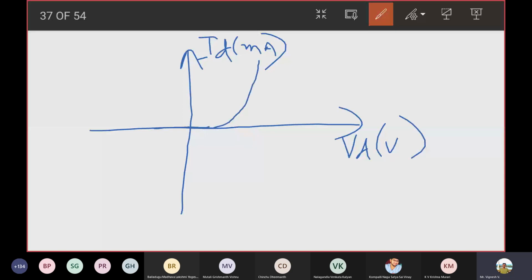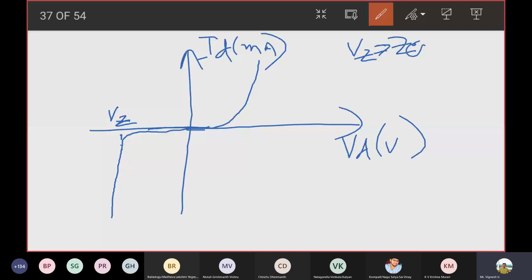In the reverse bias condition, again, the Zener diode characteristic is pretty similar to your PN junction diode characteristic. And you call this voltage where the breakdown occurs the Zener voltage, VZ. VZ is called the Zener voltage.